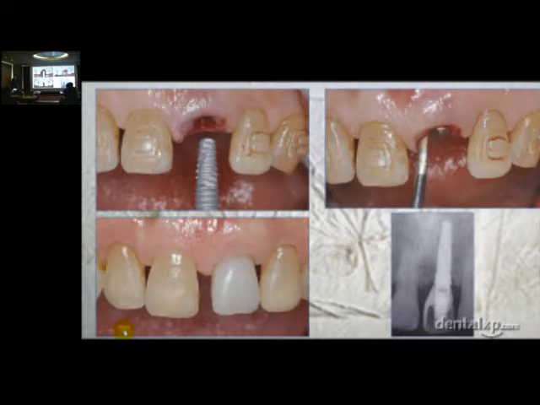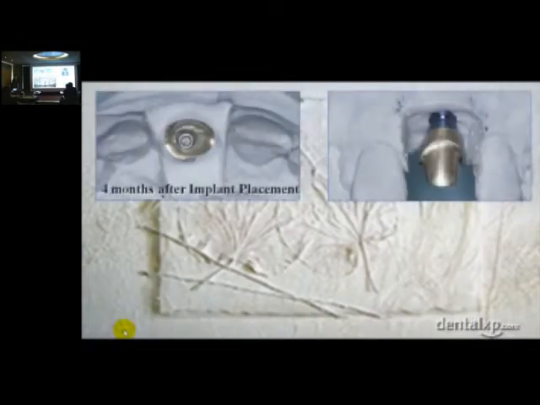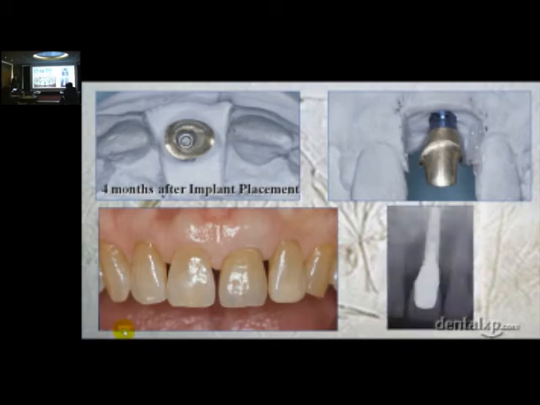The provisional restoration was set immediately. Four months after implant placement, the custom abutment was fabricated using the UCLA abutment. This shows the final result and periapical X-ray.